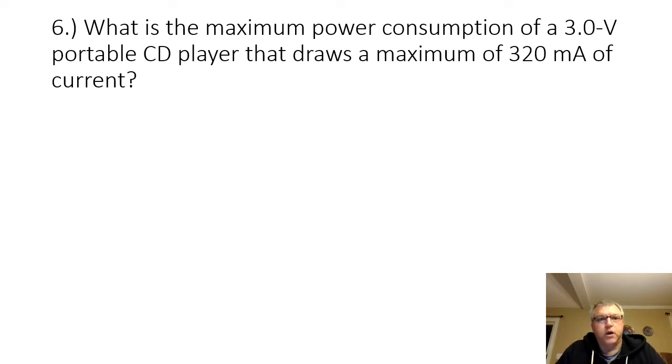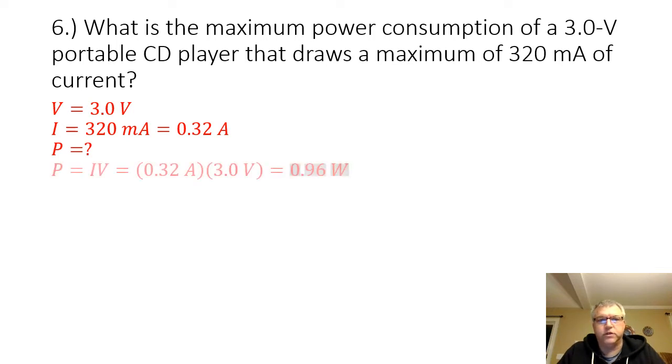Number 6, what is the maximum power consumption of a 3-volt portable CD player that draws a maximum of 320 milliamps of current? Our known values are the voltage, 3 volts, and the current, 320 milliamps, which we do have to convert to amps. So 320 milliamps will equal 0.32 amps, and we are looking for the power.